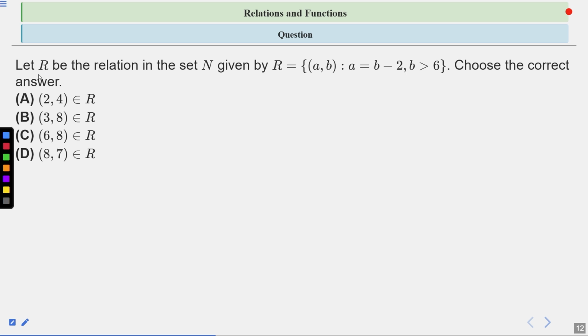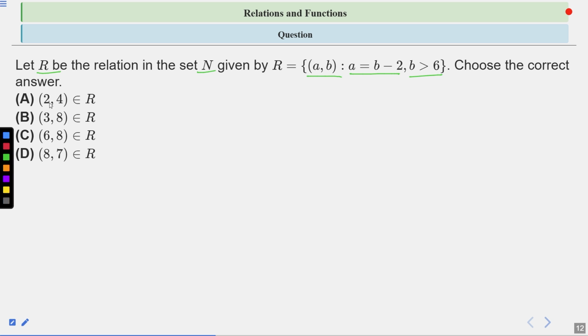This question: the relation R in the set N, the set of naturals, is given by the collection of all pairs (A, B) satisfying the condition A equals B minus 2 and B is greater than 6. Then we have to choose the correct option.